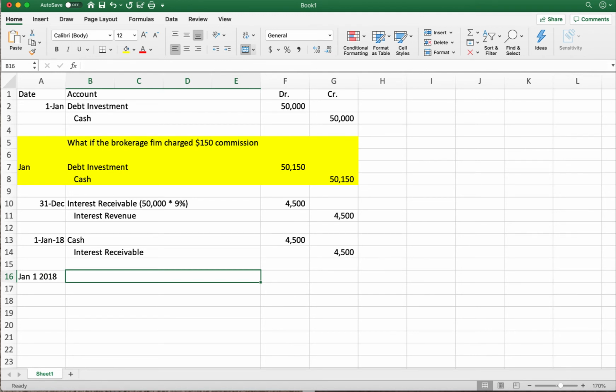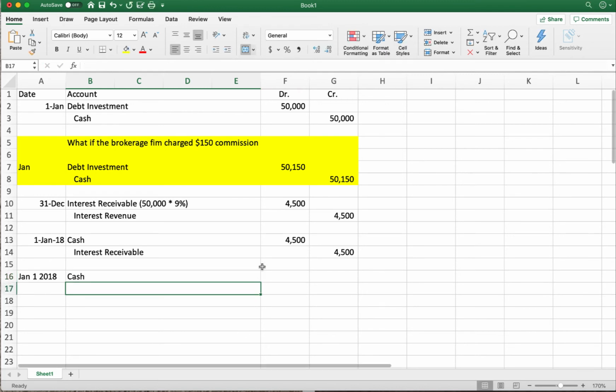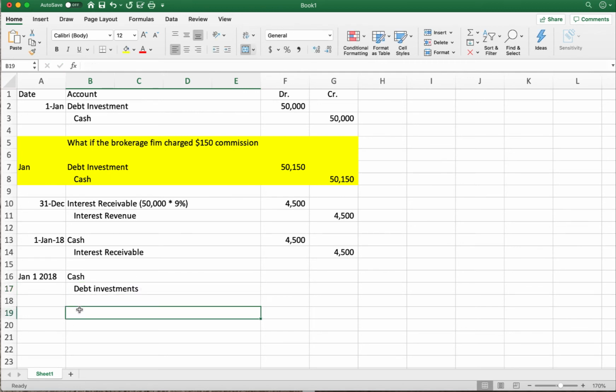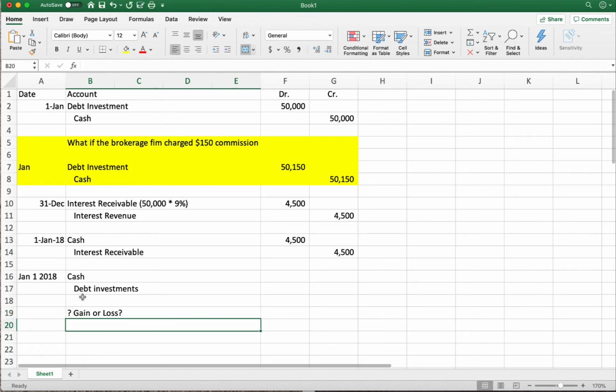So what's the journal entry? Well, I need to debit cash. I need to credit debt investments. Okay. And then I'm going to come down here and say question mark, gain or loss on sale, because we need to calculate if there is a gain or loss, right? We need to calculate that, okay?